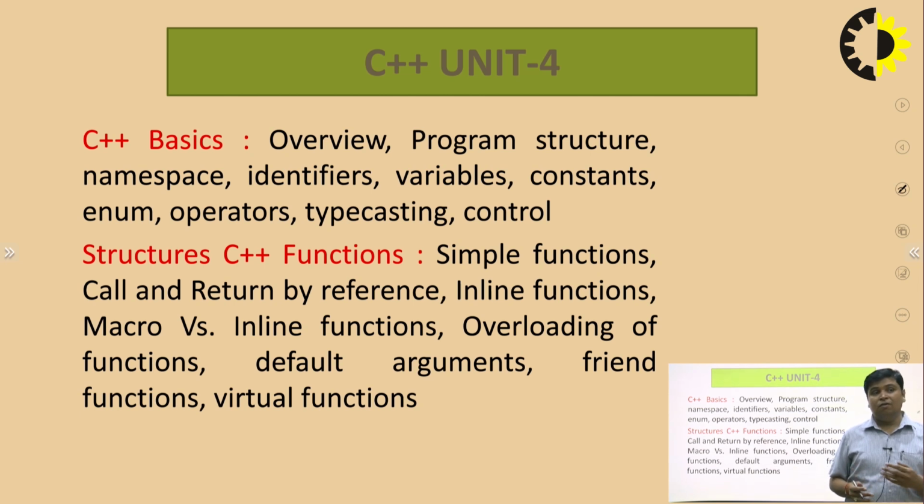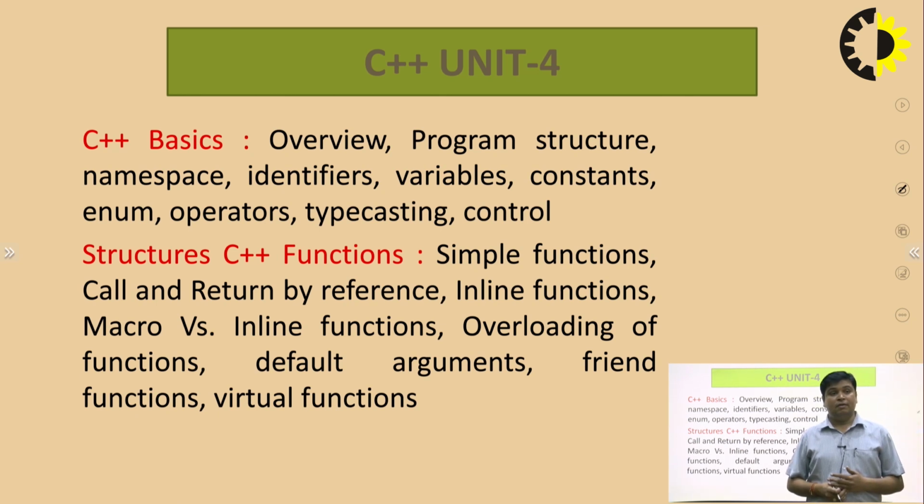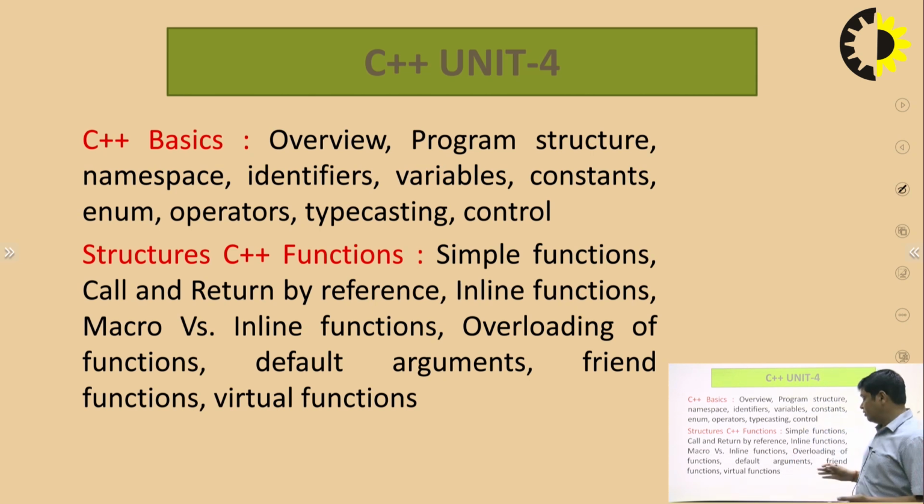Functions means how you can design the functions, how we call and define the function, how we implement polymorphism like overloading, default arguments, what kind of operators we can use inside the function, friend functions, and finally virtual functions. So these are the contents of unit 4.